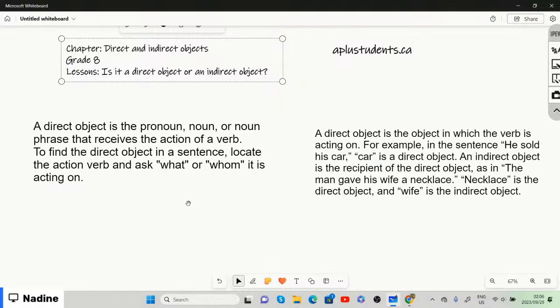And we are going to find out now what is a direct object and what is an indirect object.